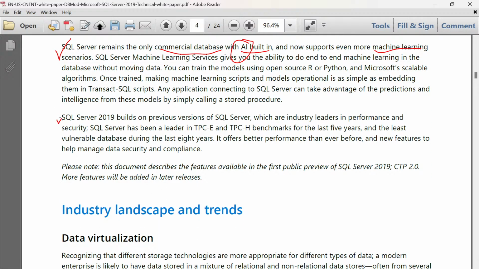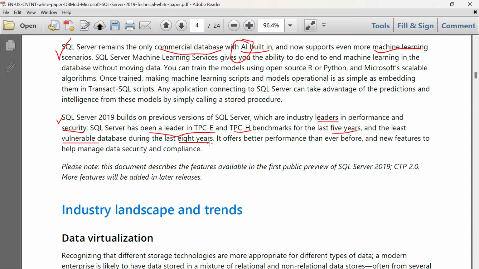Now here, this one. SQL Server 2019 builds on previous versions of SQL Server, which are industry leaders in performance and security. It has been a leader in the TPC-E and TPC-H benchmarks for the last 5 years and the least vulnerable database during the last 8 years.